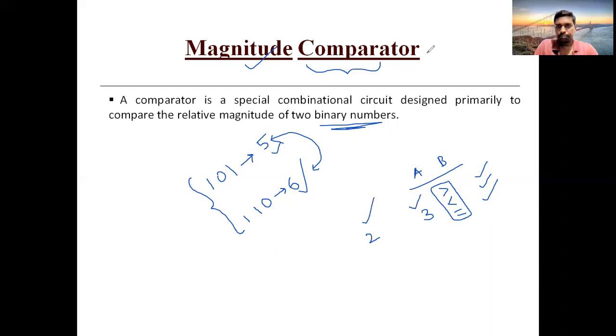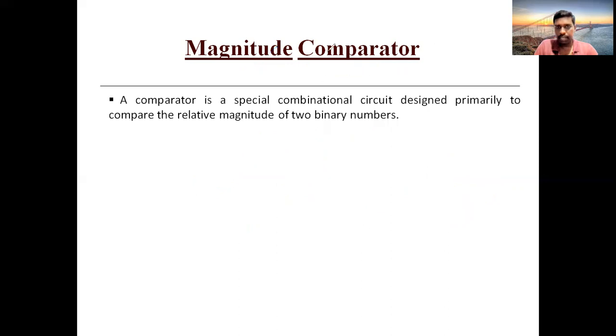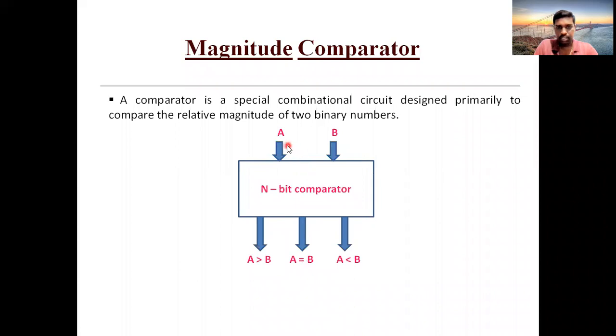If you see the diagram for this, generally this is an n-bit comparator. Here we have two inputs A comma B, and you will have three outputs: A greater than B, A equal to B, and A less than B. So for any comparator circuit, you will have two inputs A comma B and three outputs.